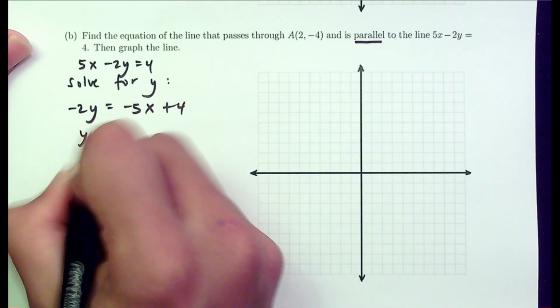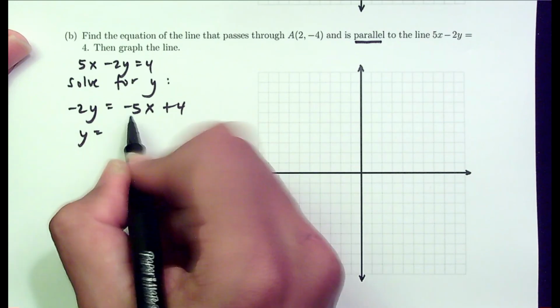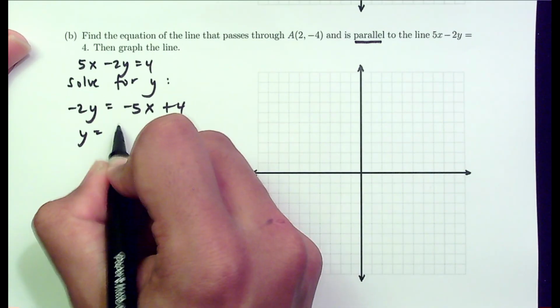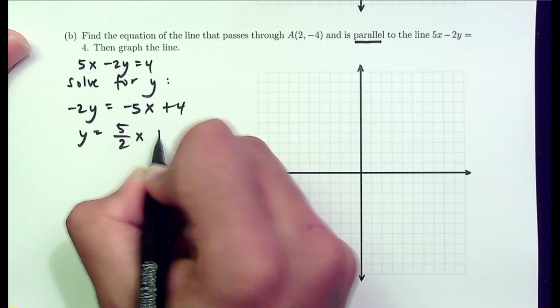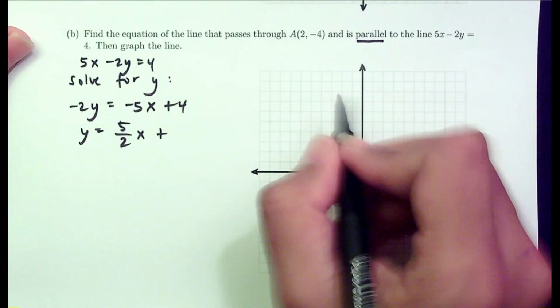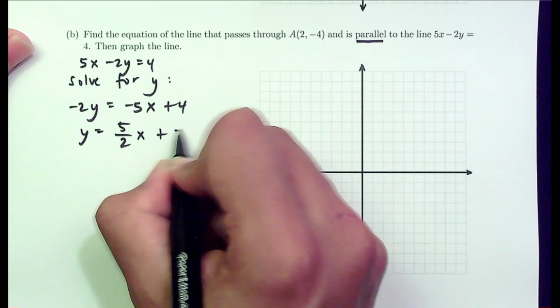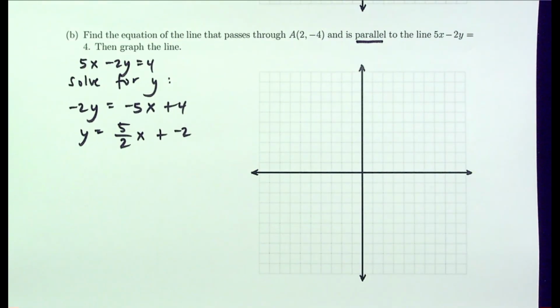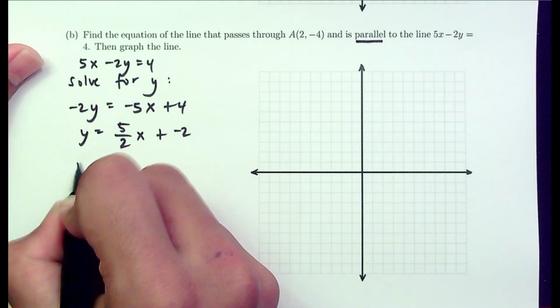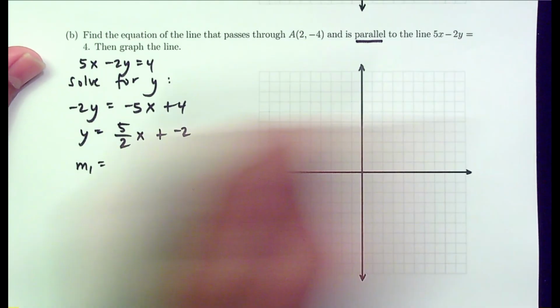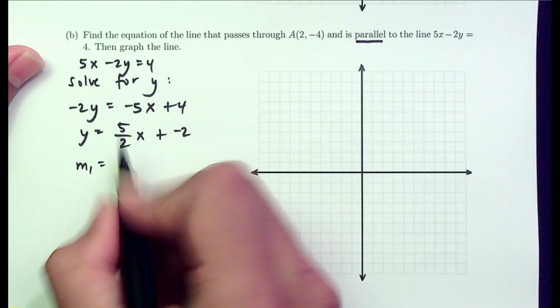Divide by -2. Remember, both terms have to be divided by negative. Negative and negative gives you positive. So that would be positive 5 over 2 x. And then 4 divided by -2 is -2. Okay, that means the slope of the line 5x minus 2y equals 4 is 5/2.